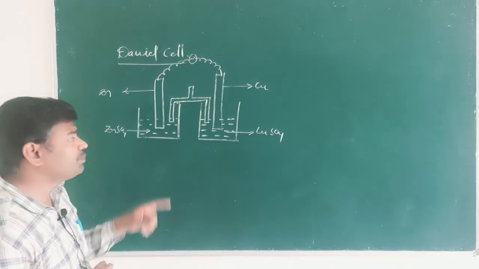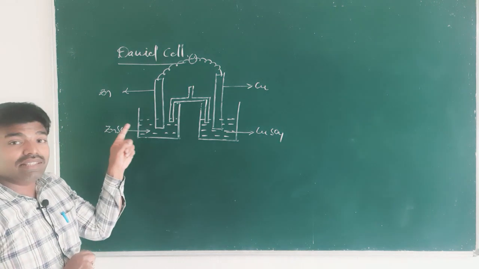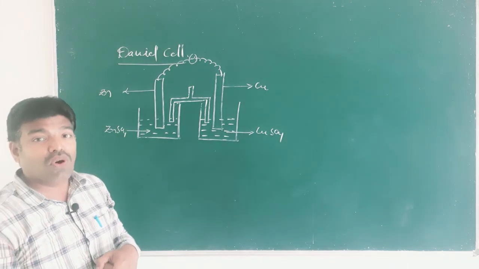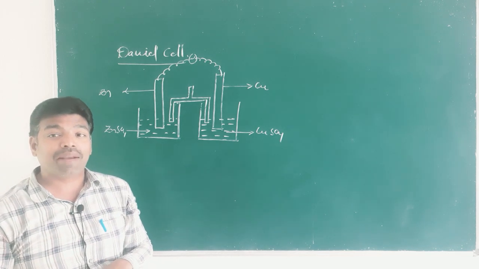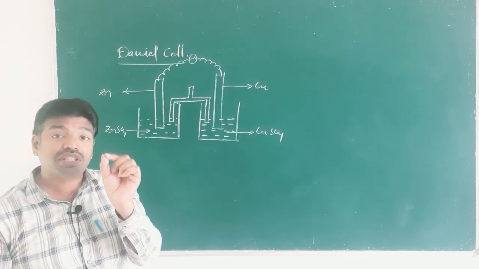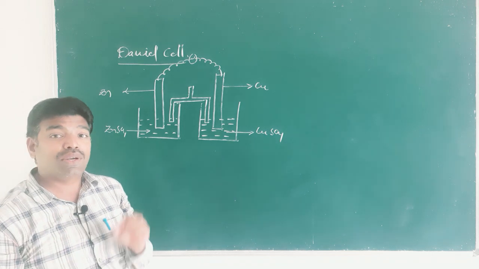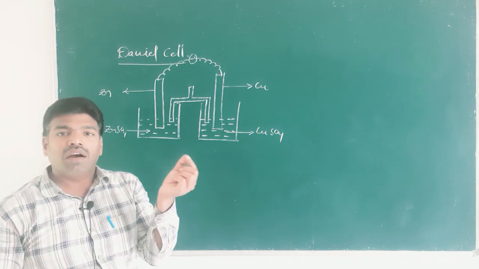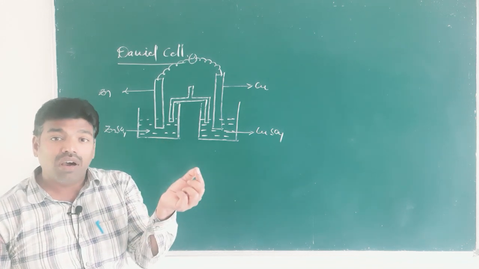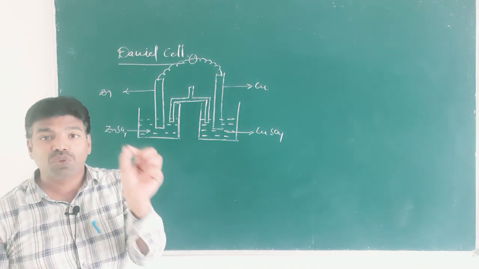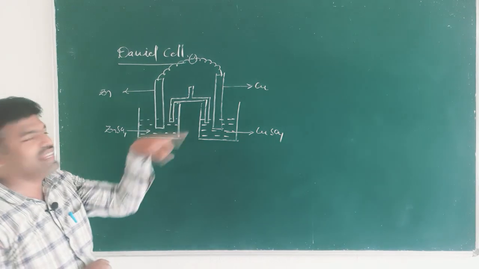But the flow of current is accompanied by redox reactions. Already I told you that electrochemistry deals with the conversion of chemical energy into electrical energy by the Daniell cell.